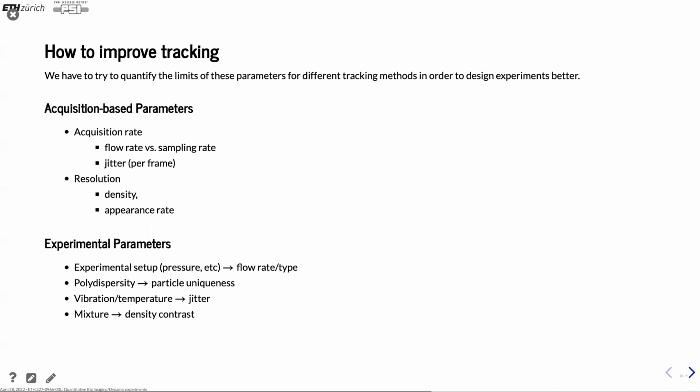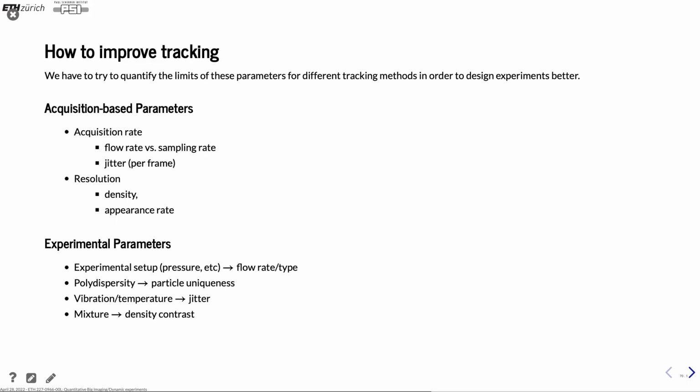How can we improve it? Well, we can, of course, increase the acquisition rate. With that, we are less sensitive, but also the jitter may be averaged out if you use longer exposure times. Then the object will be a little bit more blurred, but you don't have much zigzag motion of the object.